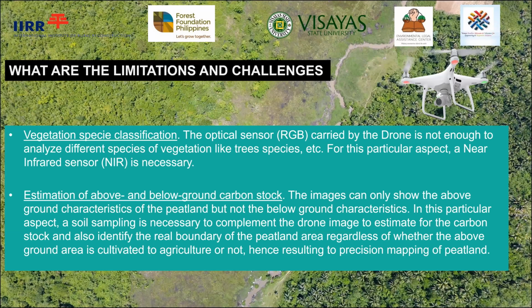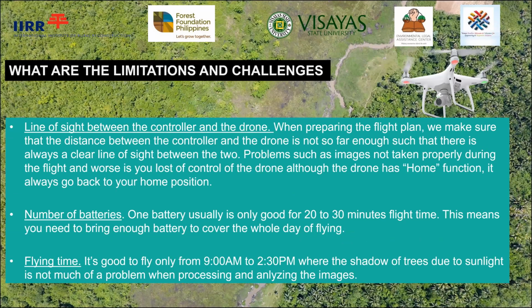Okay, one time also we were doing data gathering. We stood in a place very near to power lines with very high voltage, and we experienced some interference in the signal between the drone and the controller.